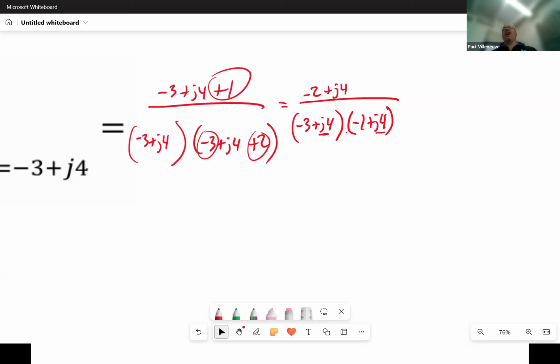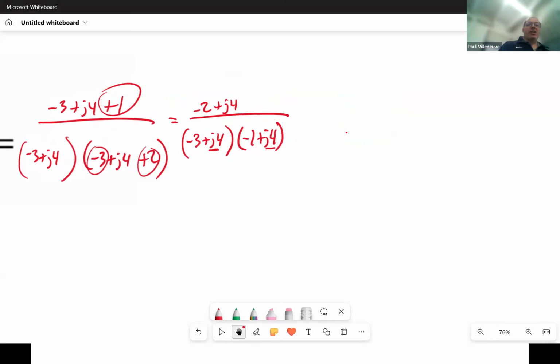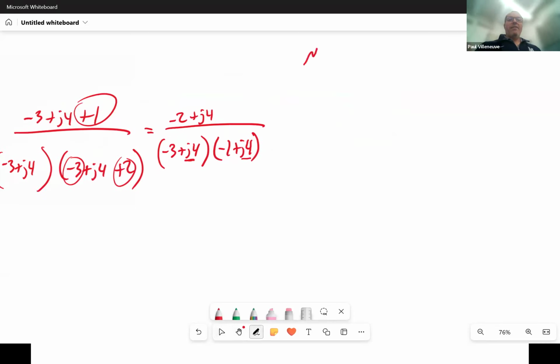What's a better way to multiply and divide complex numbers? You used to have to do this back in the old days with your calculators. You couldn't do it so easily. How do you multiply or divide complex numbers? Let's write it generically. I have a magnitude and an angle, and I want to multiply that by that magnitude and angle.